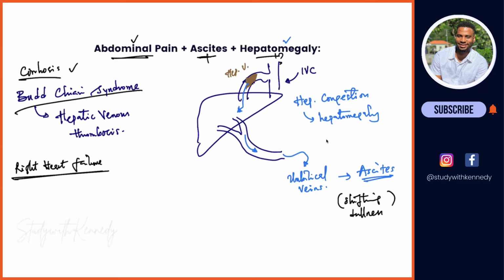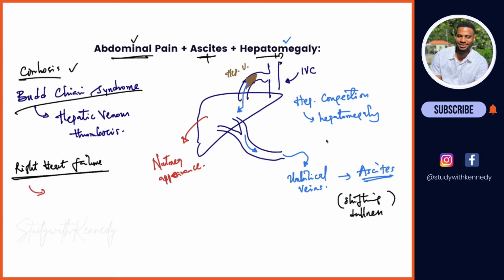Remember that both right heart failure and Budd-Chiari syndrome, whenever there's liver congestion, the liver has this characteristic nutmeg appearance. I hope you remember that. These are things you should just know. If you know that nutmeg appearance is because of hepatic congestion, then it doesn't matter if it's right heart failure or Budd-Chiari syndrome. If the liver is congested, you expect to see nutmeg liver or mottled appearance, whatever description they give.